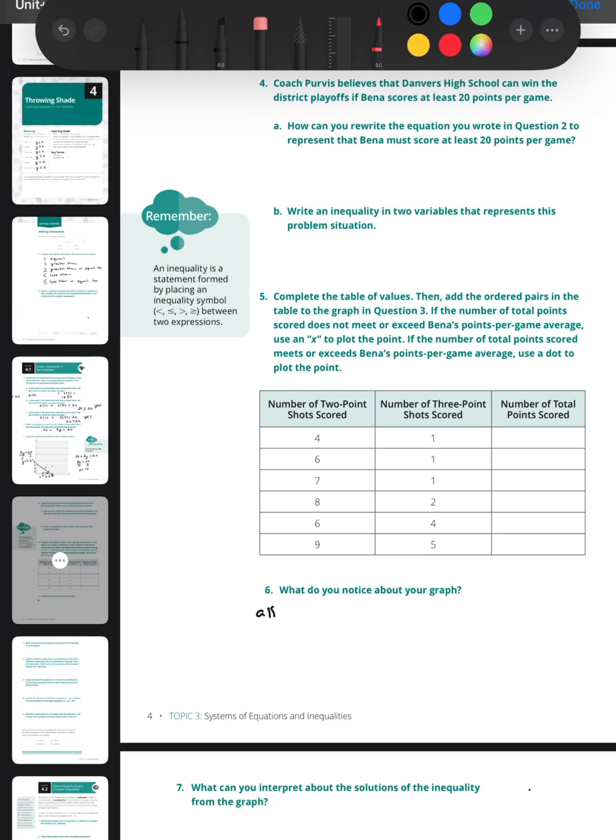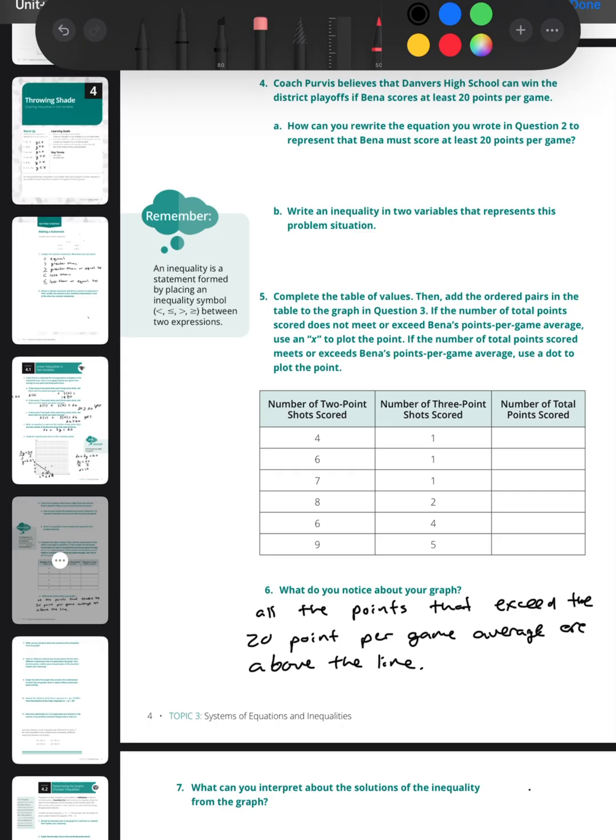So it was all the points that exceed the 20 point per game average are above the line.